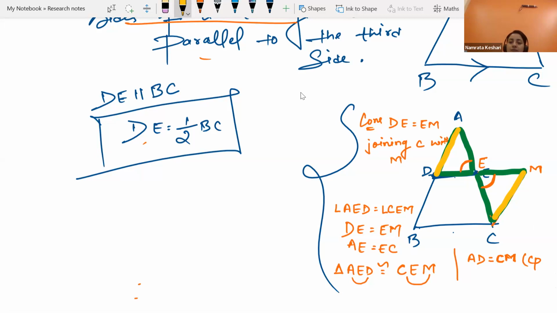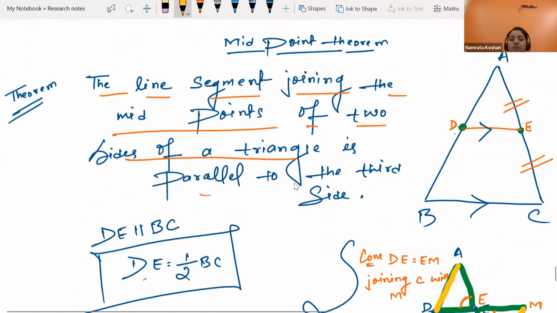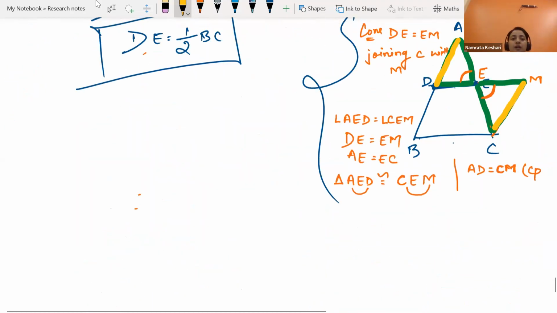If we can say that these two sides are equal in length, what else can we say?